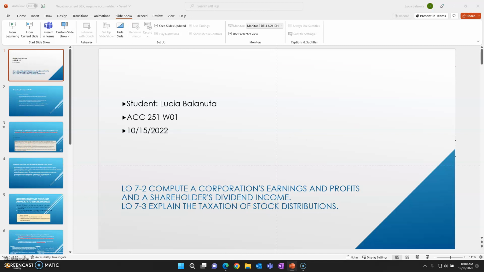Non-cash property distributions affect earnings and profits.